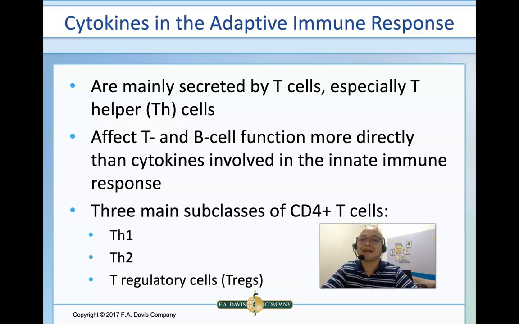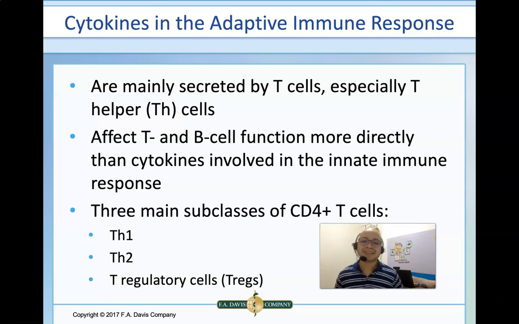So this affects T cell and B cell function more directly than cytokines involved in innate immune response, because cytokines involved in innate immune response more or less would have a general non-specific response, not cell-specific, okay, because these cytokines will directly affect specifically the T cells and B cell functions.